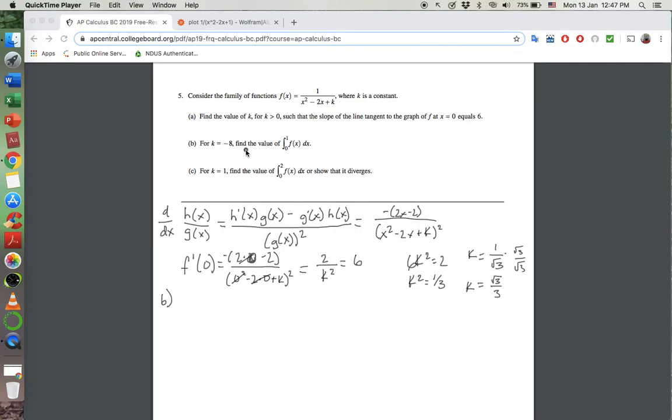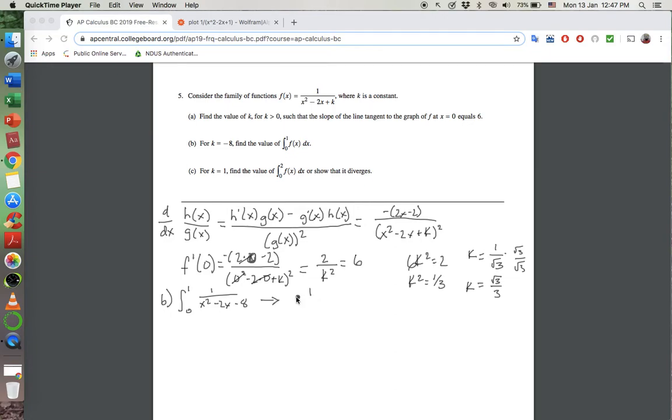So we've got, for k equals negative 8, find the value of the integral from 0 to 1 of f of x dx. This is just a simple integral. So we get the integral from 0 to 1 of 1 over, we're going to plug in this value for k. So we've got x squared minus 2x plus a negative 8 or minus 8. And then we can factor this out.